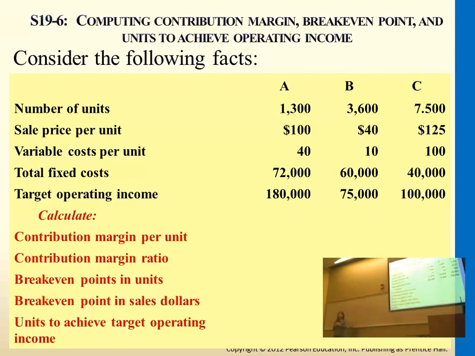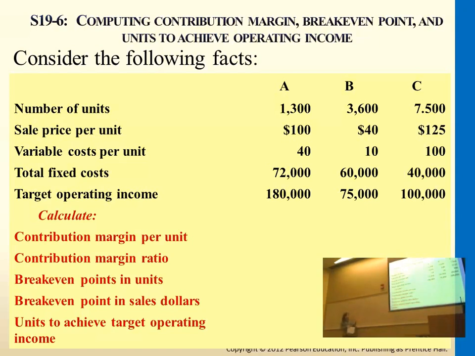The ratio we calculate as 60 over sales, which is 100, giving 60%. So 60% means per dollar of sales revenue, you're getting 60 cents of contribution margin to cover fixed cost.